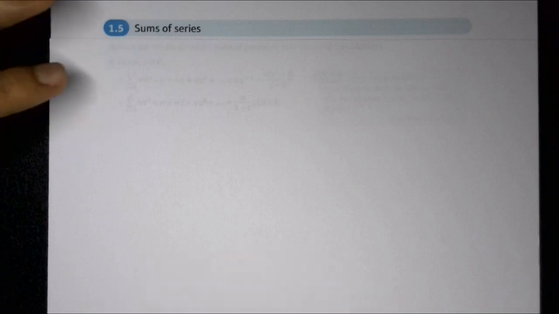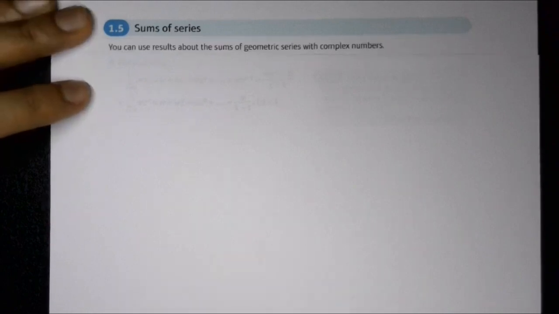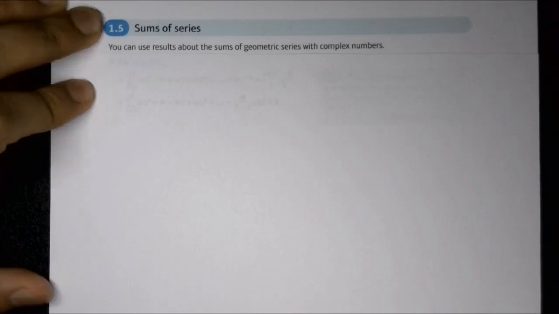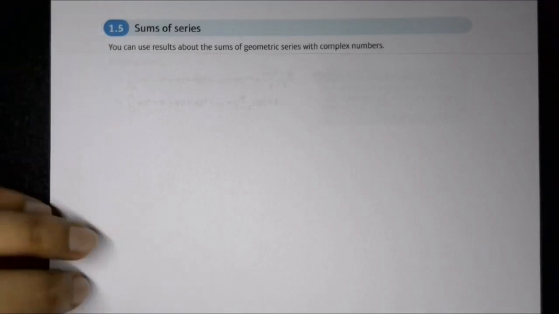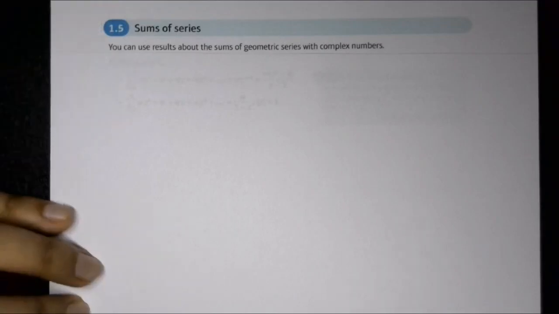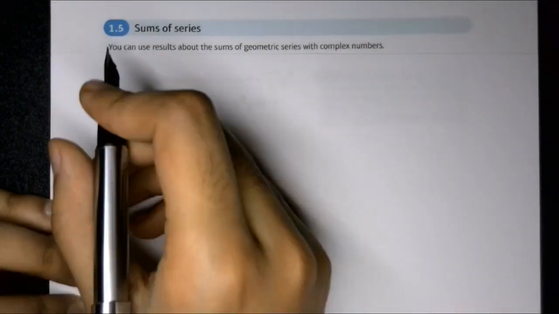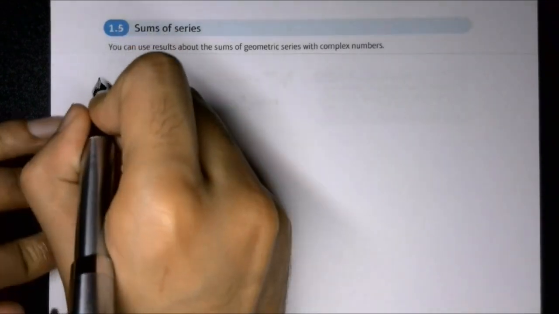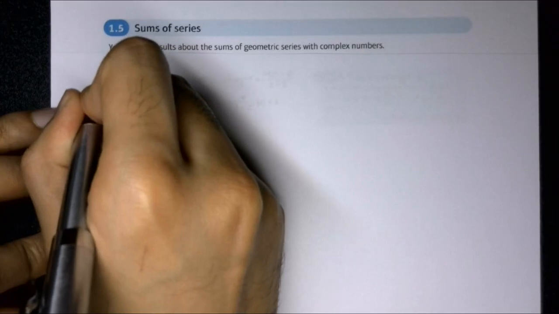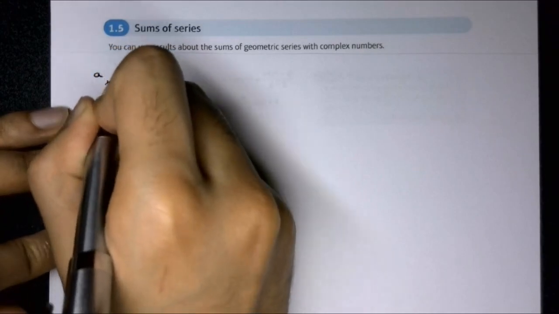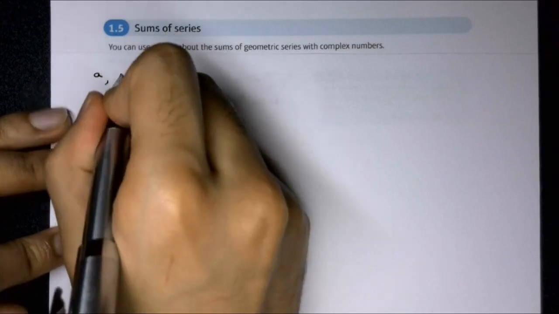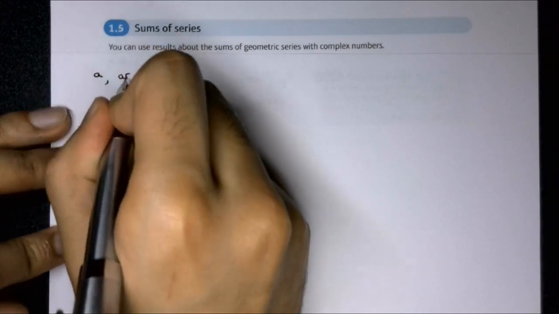1.5 Sums of series. Now, you can use results about the sums of geometric series with complex numbers. Now, let's suppose you've got a geometric sequence. We have over here our first term, which is a. The term after this, assuming we have common ratio r, will be ar.